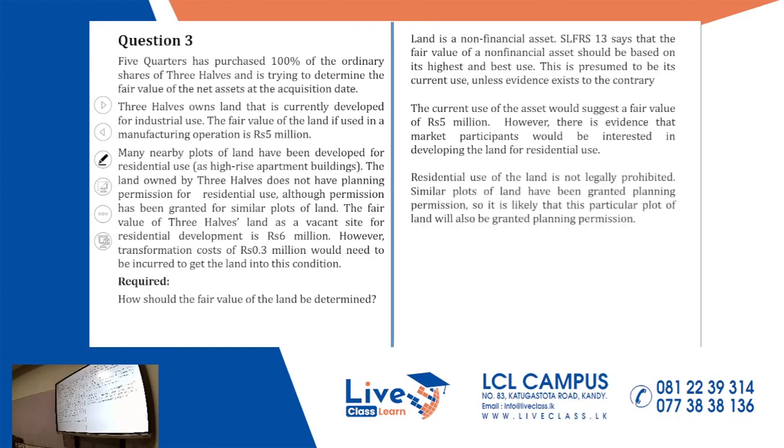Residential use of the land is not legally prohibited because similar plots of the land have been granted planning permission. So, it is likely that this particular plot of land will also be granted planning permission. If used for residential purpose, the fair value of the land would be 5.7 million.